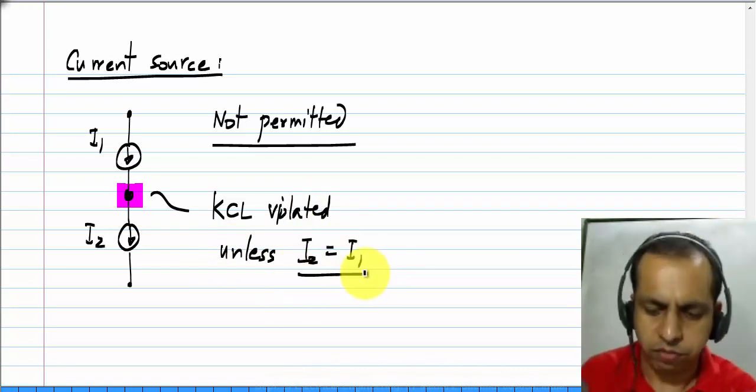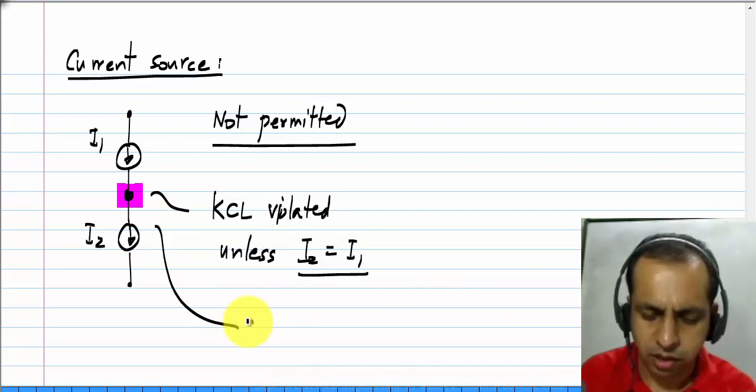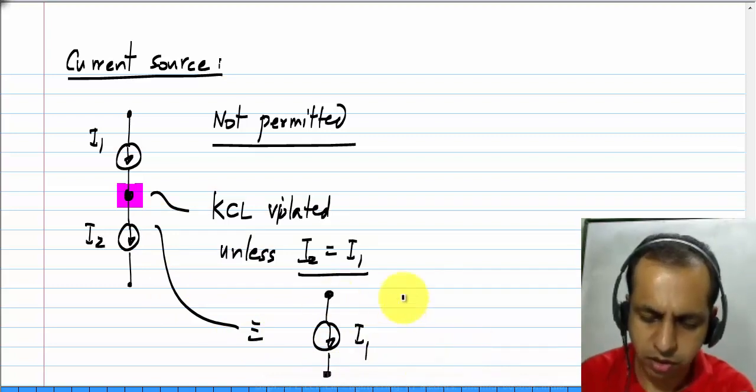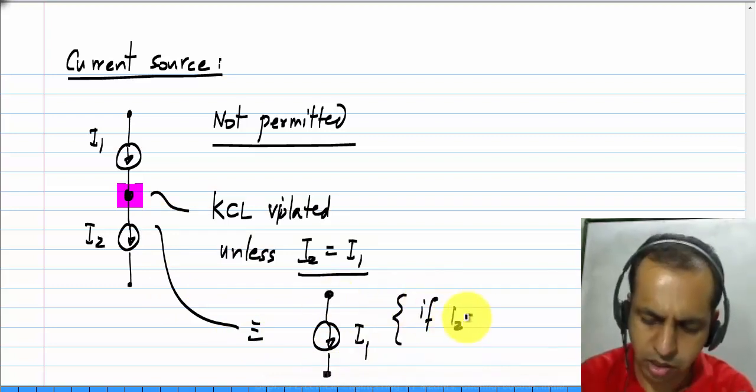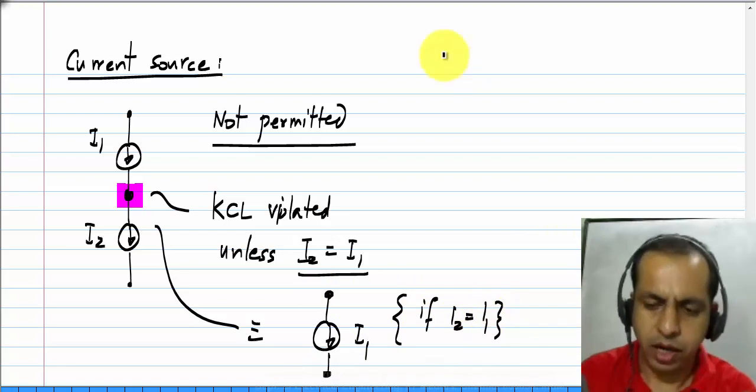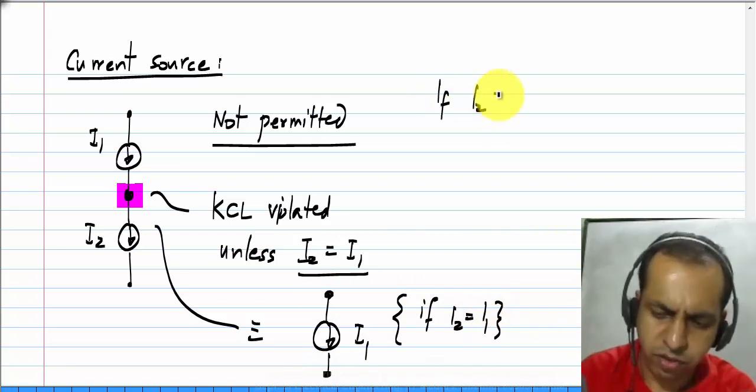Okay. If this is the case, then this whole thing is equivalent to a single current source of value I1. And if I2 is not equal to I1, then this connection is not permitted.